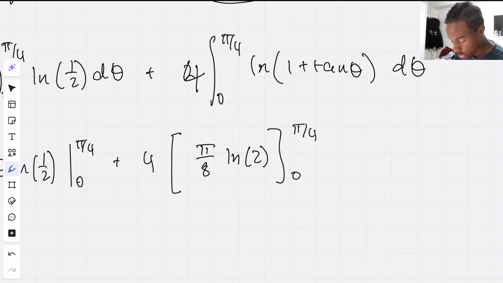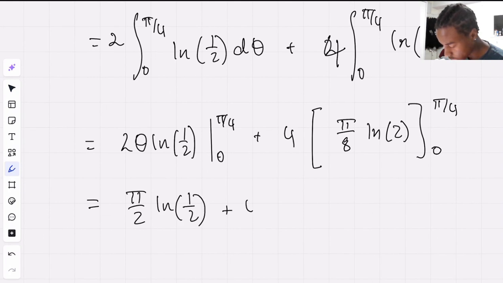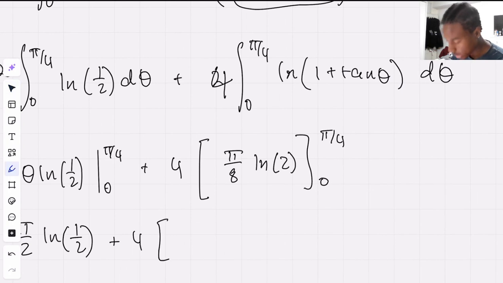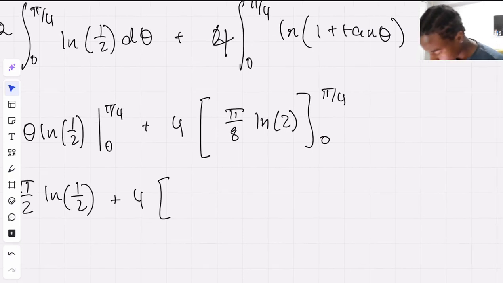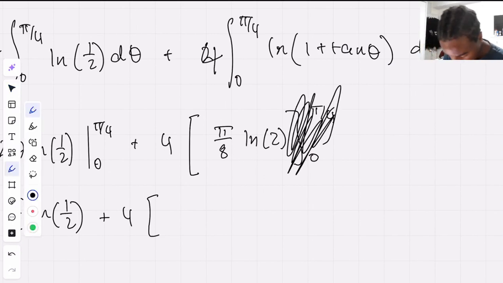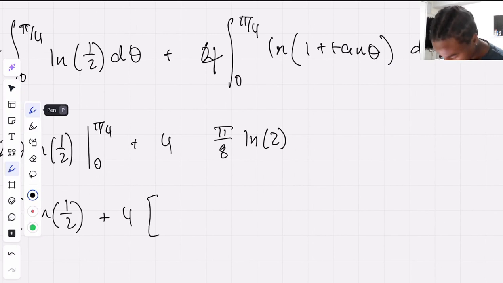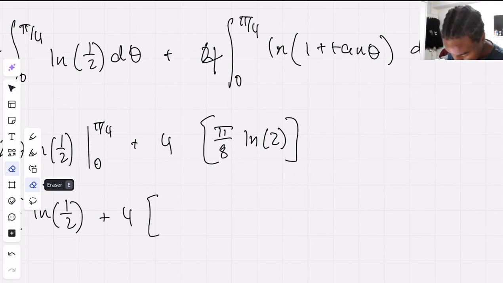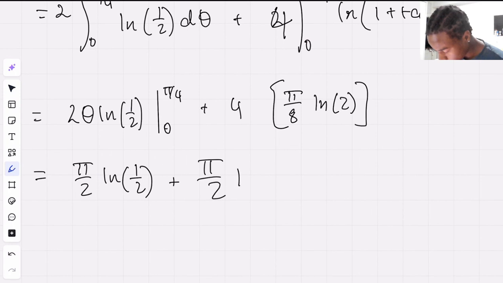When I plug in 0, I'm just going to get 0, so this is going to become pi over 2 ln 1/2 plus 4 lots of, again, when I plug in 0, I'm just going to get 0. When I plug in, oh sorry guys, I've forgotten. What am I doing? We've evaluated this integral, so there are no bounds. That is the integral evaluated. So now we have pi over 2 ln 2.